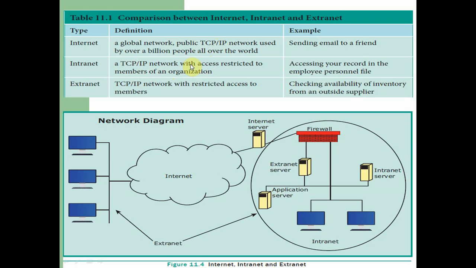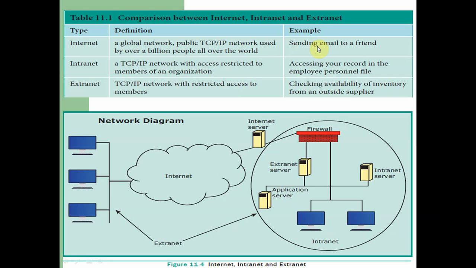Only the members of the organization can access that network. Third one is extranet. Here also we use a TCP/IP network, the same internet technology, but with restricted access to members. Here members refers to all the members related to the particular company. They may be vendors, customers, purchasers, sellers, and even the government also uses this extranet.